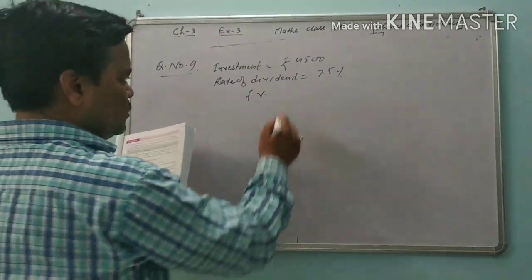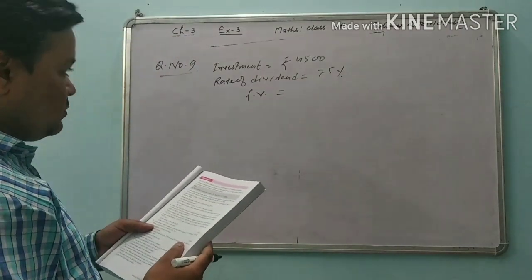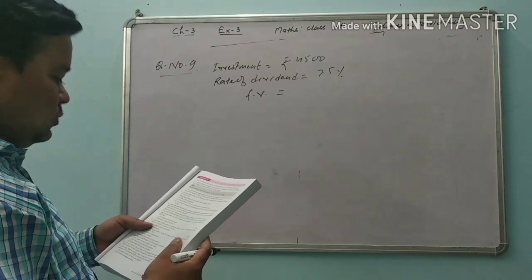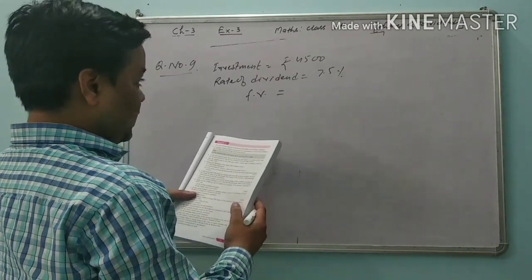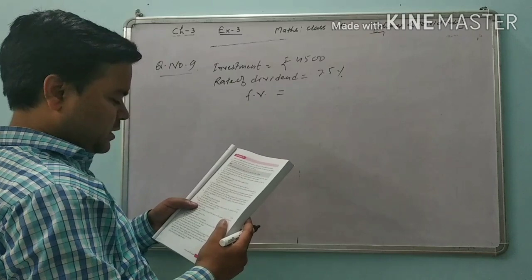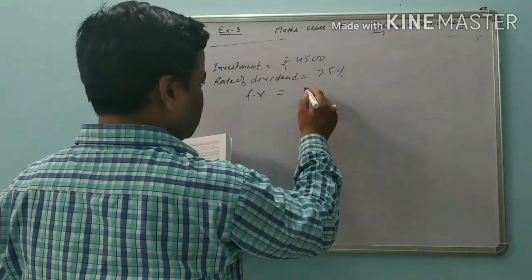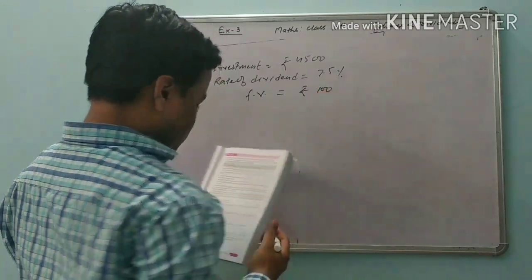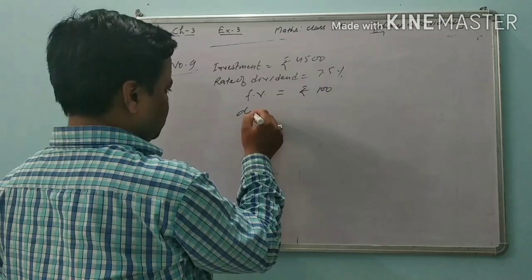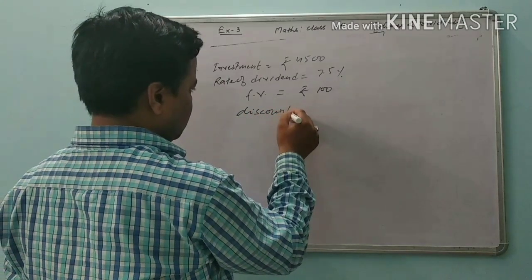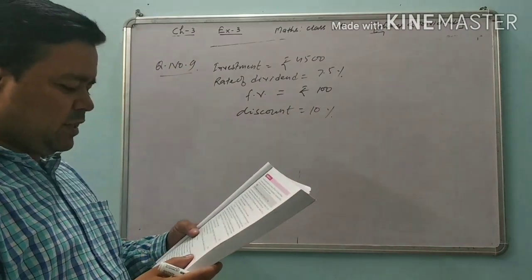It is very important to understand the question, because sometimes students are not able to understand what is given. Therefore, you should read it 2-3 times, and after that, try to write whatever is given. So the face value will be rupees 100, and the discount is equal to 10%.